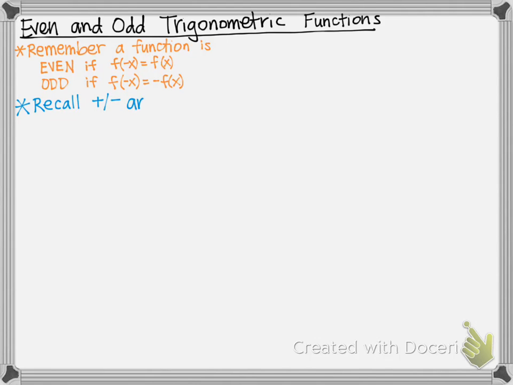Also, recall that the whole idea of the positive angles go up and negative angles go down. So when we are considering f of negative x, we're considering what's happening when the angle measure is negative instead of positive.